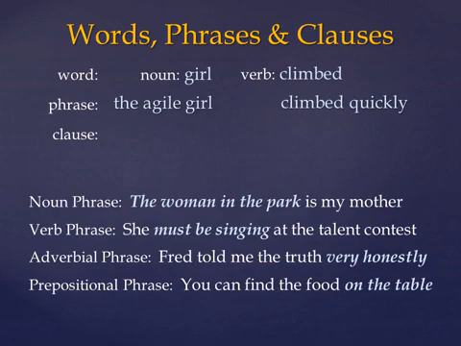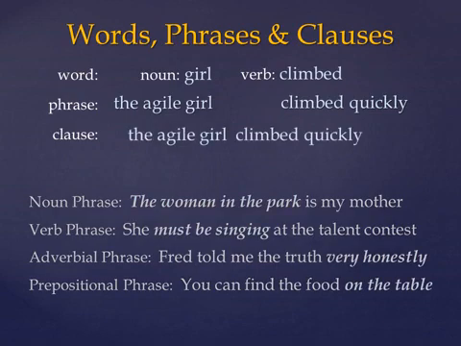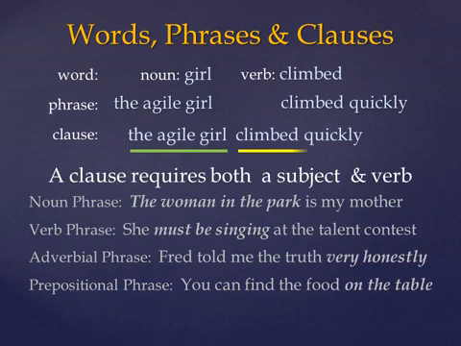So, what's a clause? Well, a clause is different from a phrase because it contains both a subject and a verb. So a clause will be made up of individual phrases. And clauses themselves are the building blocks of sentences.